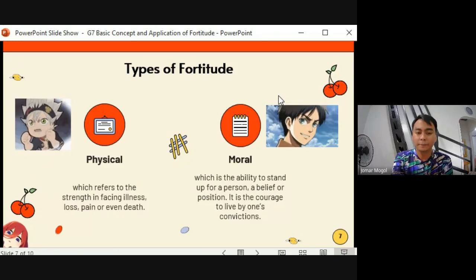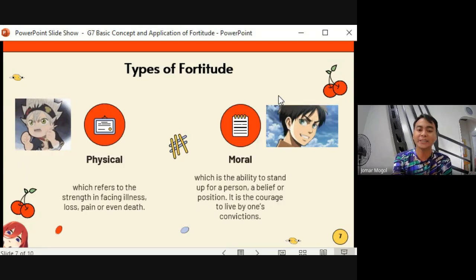Okay? Si Eren kasi, hindi naman siya ganun kalakasan. Pero meron siya kasing paniniwala. Meron siyang ability to stand up for a person. Yung mga kaibigan niya, yung sina Mikasa, sina Sasha, si Potato Girl, si Armin, yung mga mahal niya sa buhay, talagang tumayo siya sa mga kaibigan niya para ipagtanggol sila at para mailigtas lang yung buong humanity, even though it means sacrificing many people's lives.